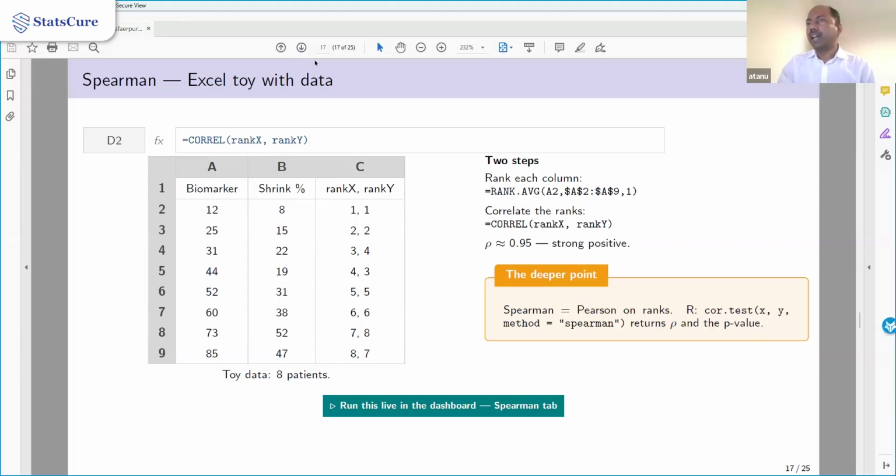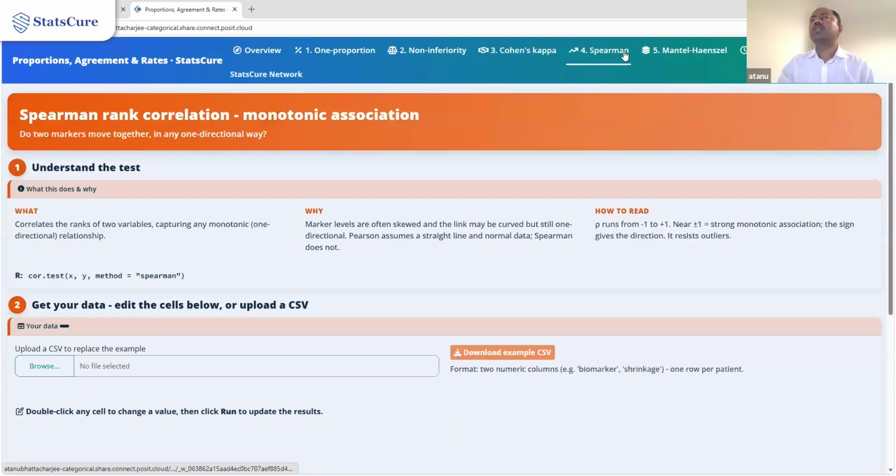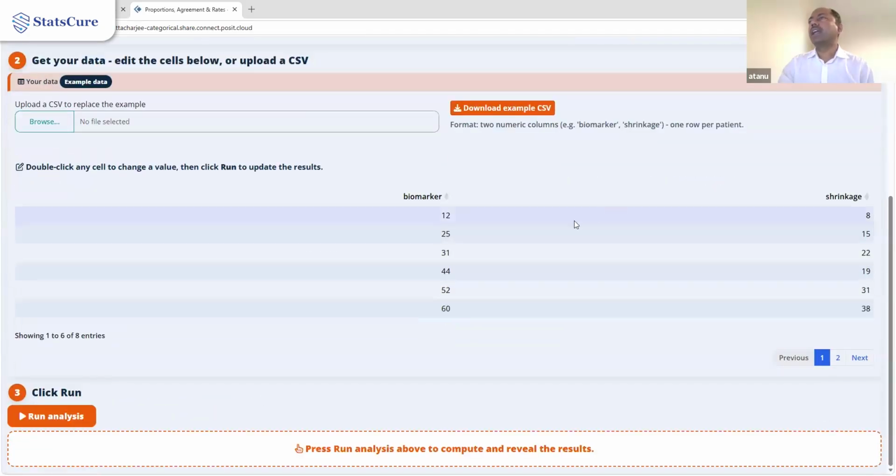And again, we will jump to our dashboard. Let's see. Spearman here, two biomarker values are there. We are going to compute the biomarker and sinkage correlation over there.